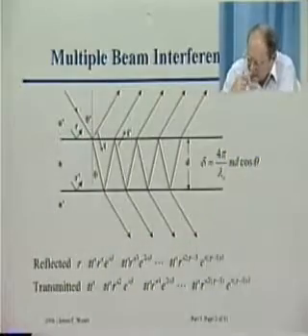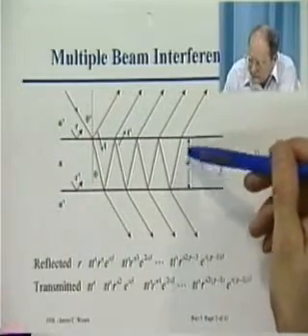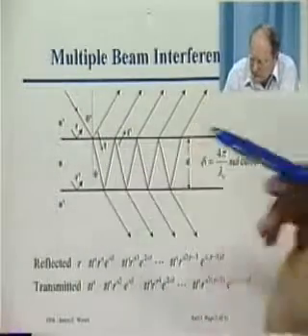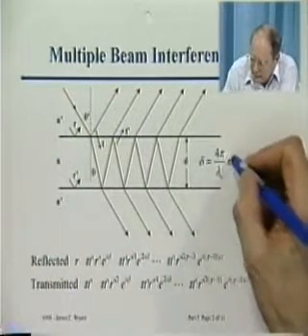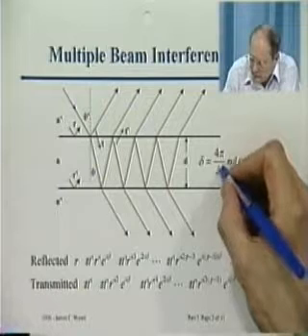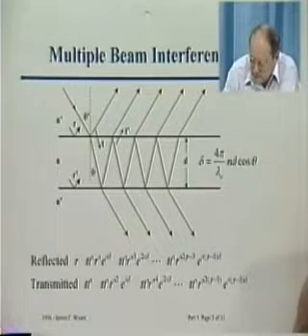So 4 pi over lambda n d cosine theta. n being the index inside here, d being this thickness, and theta being the angle inside. And we take into account the refractive index n there. So this is lambda in vacuum, lambda naught here in vacuum.